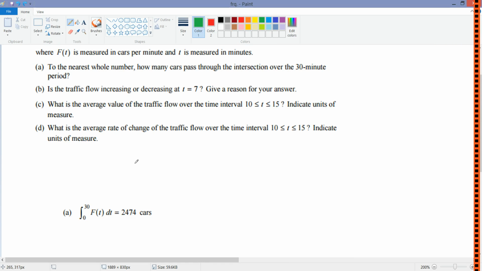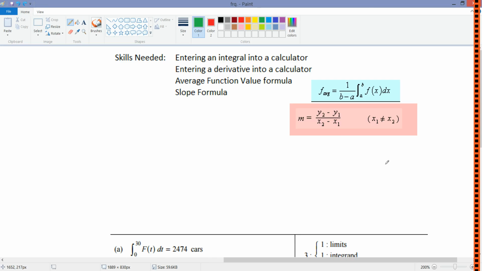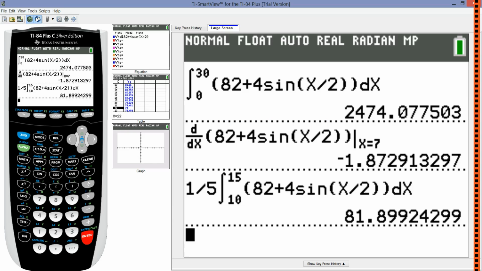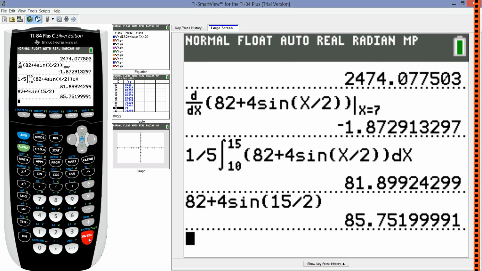Now for letter D: what is the average rate of change of the traffic flow over the time interval 10 to 15 minutes, and indicate the units of measure? To do this, we need to use the slope formula, which is y2 minus y1 divided by x2 minus x1. So let's plug that into a calculator. 82 plus 4 sine of 15 divided by 2, and 82 plus 4 sine of 10 divided by 2.